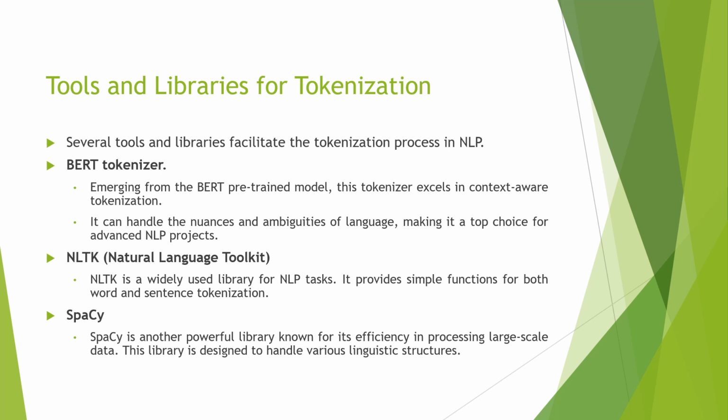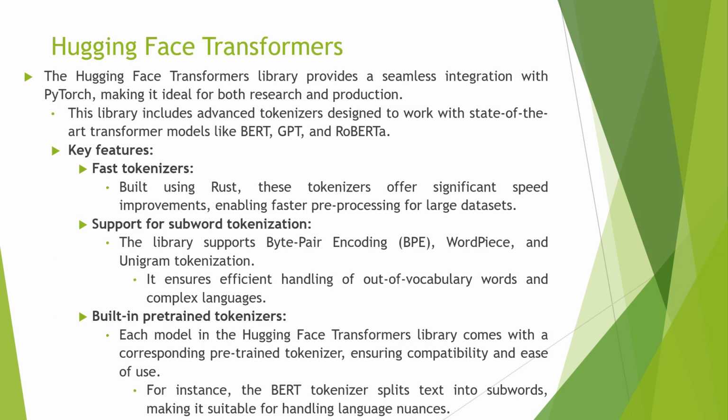And NLTK is one of the popular libraries that provides simple functions for word and sentence tokenization. And another package is the spaCy library. The spaCy library is most powerful for improving efficiency in large-scale text processing. It is used to deal with complex linguistic structures.